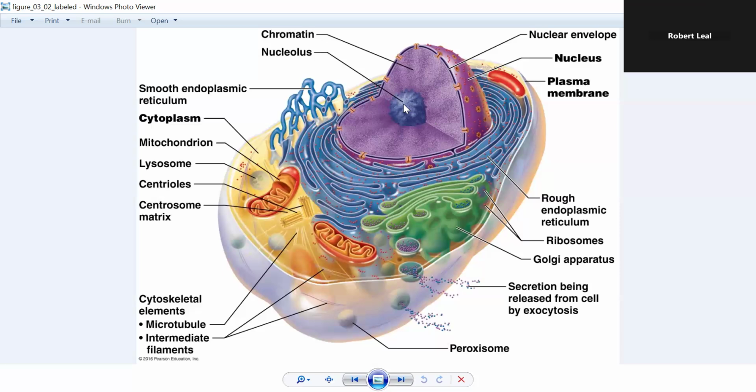These ribosomal RNA, transfer RNA, and messenger RNA can eventually leave the nucleus through these little openings called nuclear pores, and where the messenger RNA can be read to make a protein.